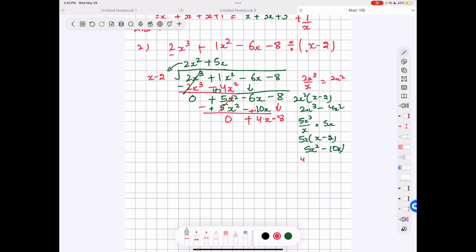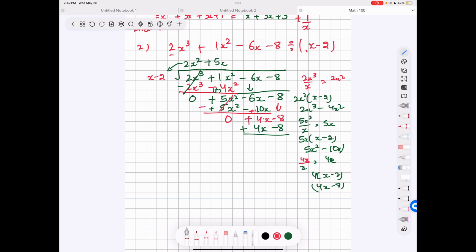Now we're going to take 4x divided by x, we would get 4, and then we are going to multiply it by x minus 2, we would get 4x minus 8. That is our final answer. We are going to get 4x, and mind you, this is positive here, and then this is negative.